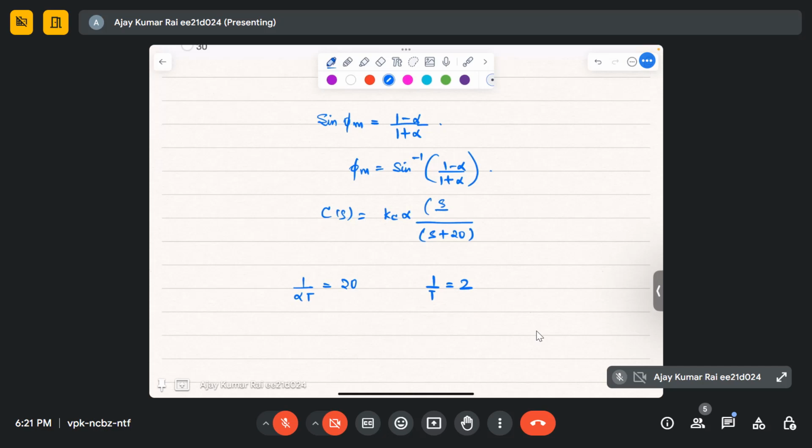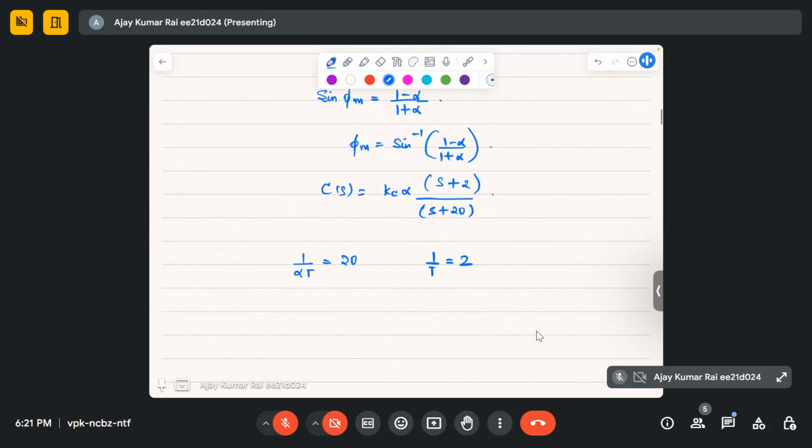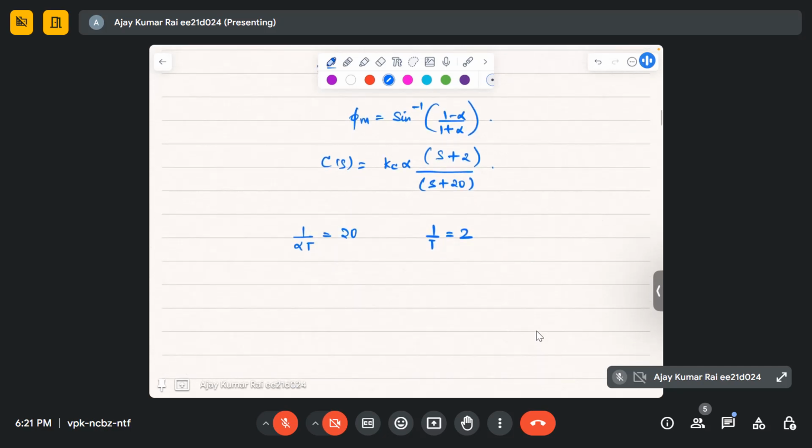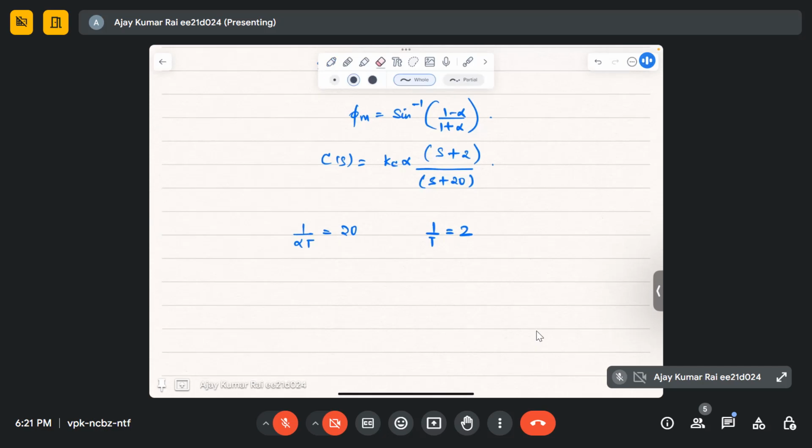So this was known to me, and I have to find out alpha. Putting in the values, 1 by T is 2 and 1 by alpha T is 20, so alpha is 2 by 20, which is 1 by 10, equal to 0.1.